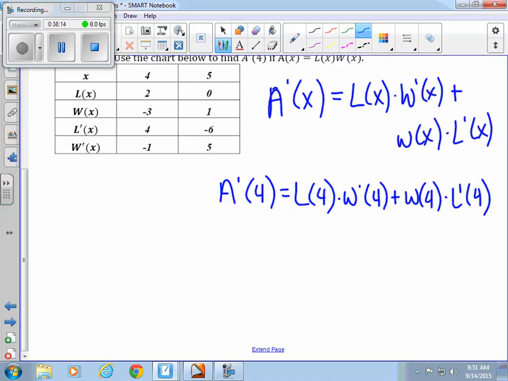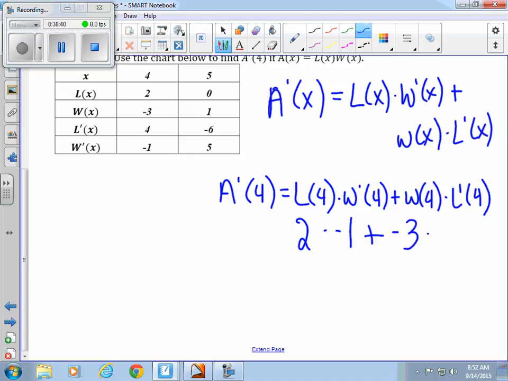And AP is going to give you a way to find those values. So do I know L of 4? You do. Do I know W prime of 4? Do I know W of 4?